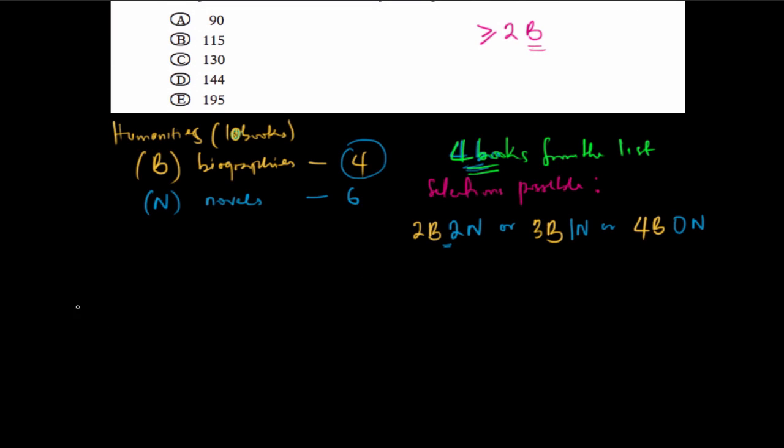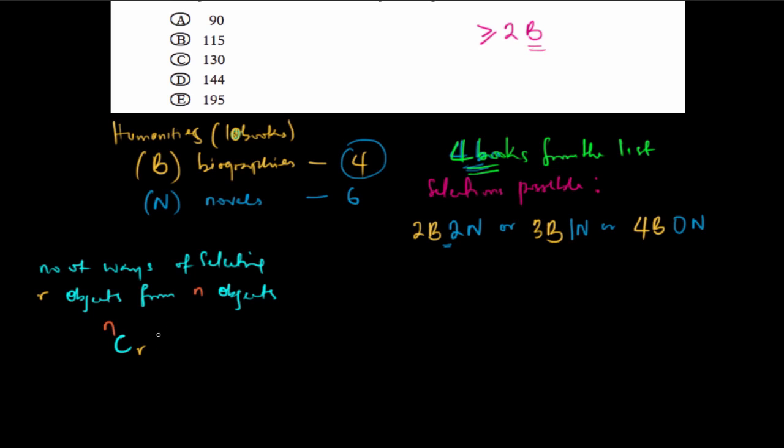Now, do you recall the number of ways? Maybe I should just write this down. The number of ways of selecting r objects from n objects is, so let me use a different color here, it's going to be n combination r.